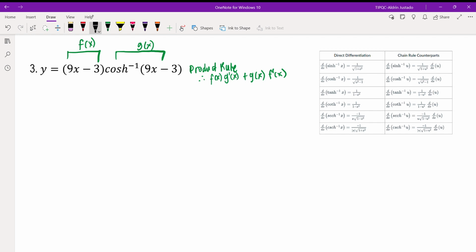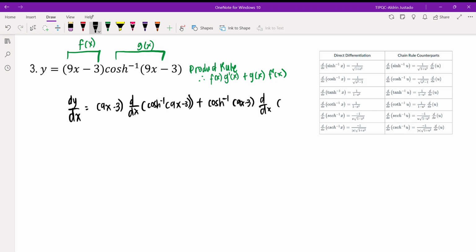So, diretsuhin na natin. dy over dx is equal to f of x, 9x minus 3, times the derivative of your inverse hyperbolic cosine of 9x minus 3, plus inverse hyperbolic cosine of 9x minus 3 times the derivative of 9x minus 3.